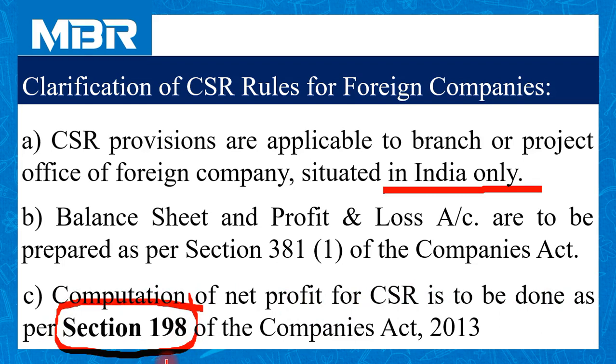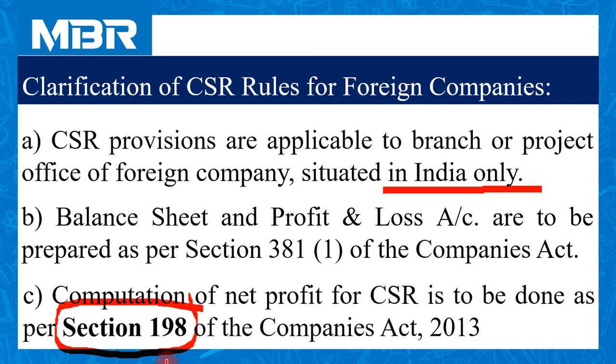How to calculate net profit for the purpose of CSR? It is given in section 198 of the Companies Act 2013. How to calculate profit is given in section 198, and information about CSR is given under section 135.